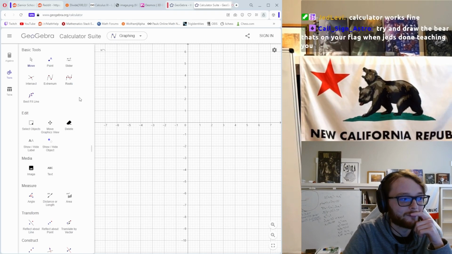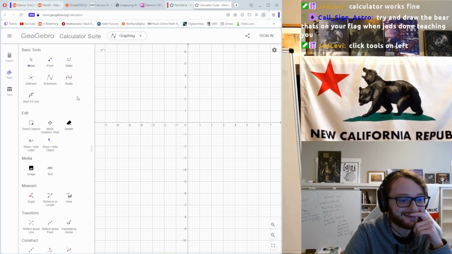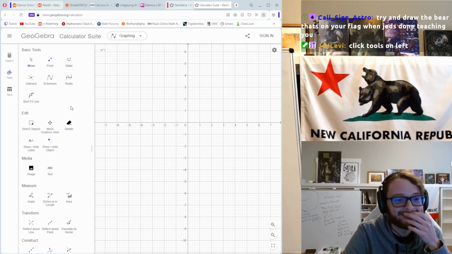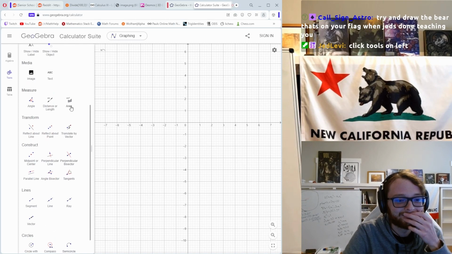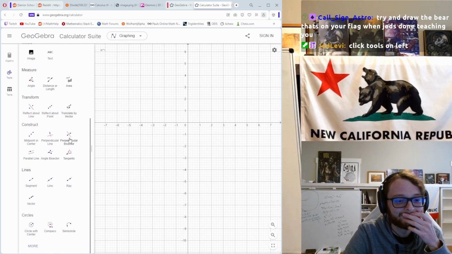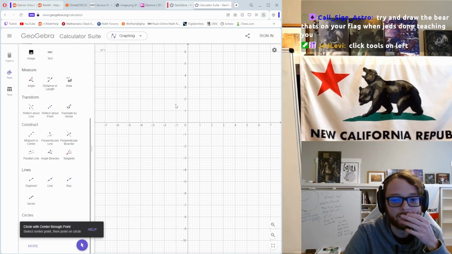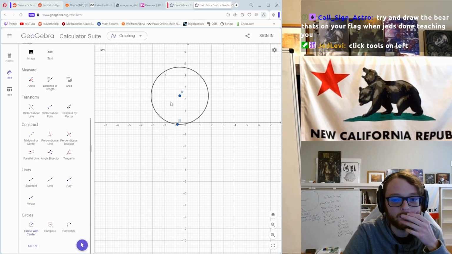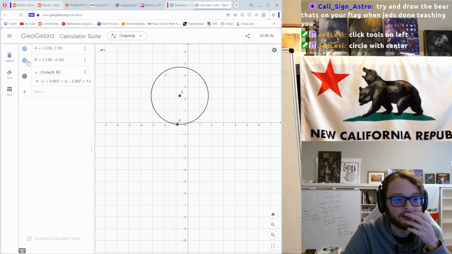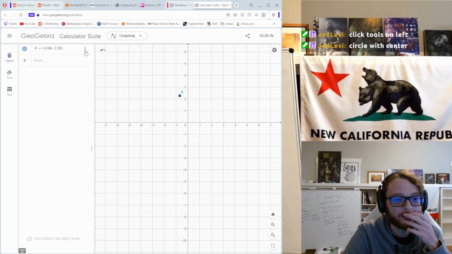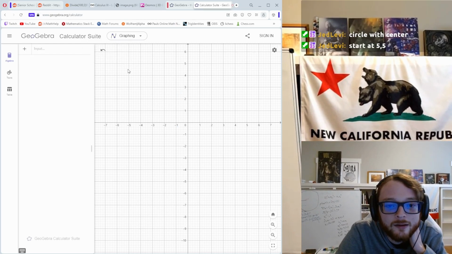Draw the bear that's on my flag. Okay. Circle with center. Oh. Go away. Go away. Start at 5, 5.